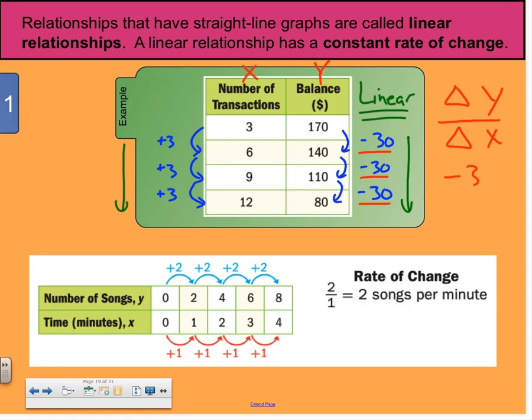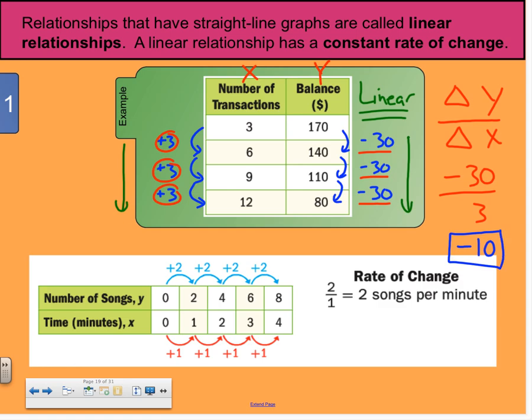So I have negative 30 for my change in y. My change in x was 3 each time, so that's over 3. And if I simplify that, I get negative 10 over 1, or simply negative 10.